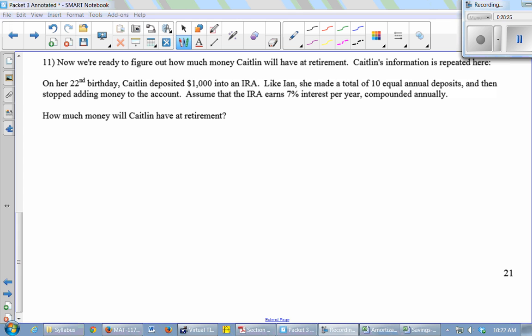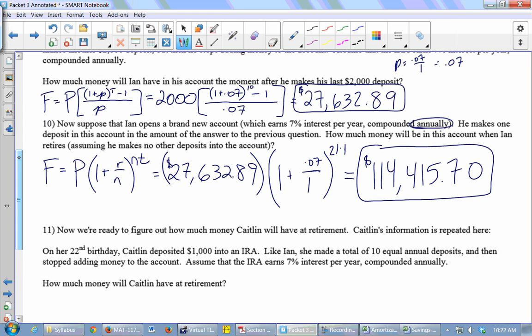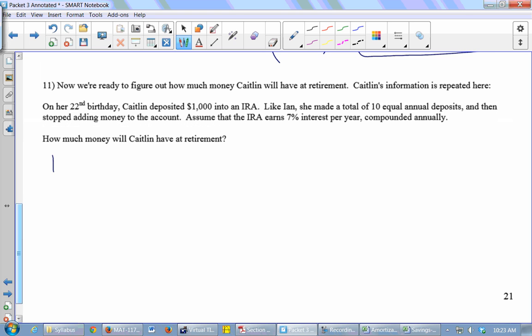Okay, so the first part is going to look just like Ian's first calculation, because we're investing in the same fund or whatever, getting 7% interest. But I'm investing $1,000 instead of $2,000. So just replace that 2,000 with a 1,000. So we have 1,000 times 1.07 to the 10 minus 1 over 0.07.